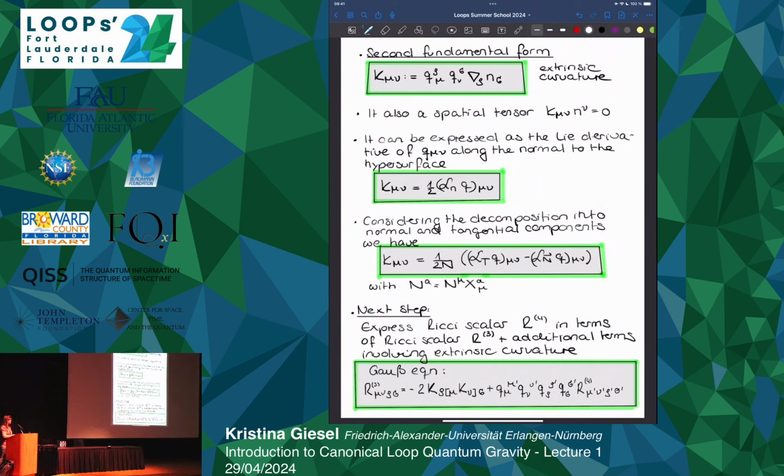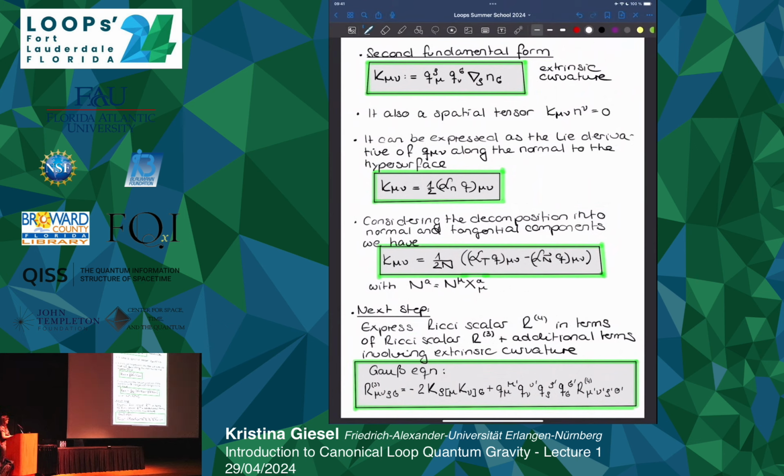And since there is more information in the four-dimensional curvature scalar than in the three-dimensional, we get additional terms. There is a so-called Gauss equation, which does exactly what we want. It relates the four-dimensional Riemann tensor here on the right to the three-dimensional Riemann tensor. And the additional terms that we get here are related to the extrinsic curvature.